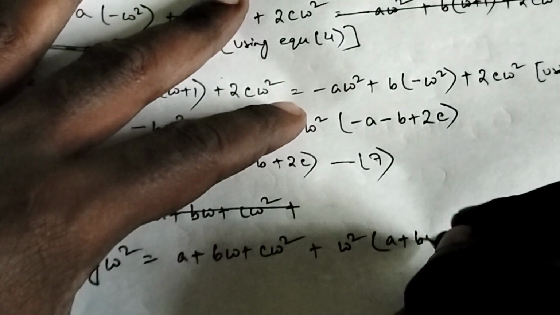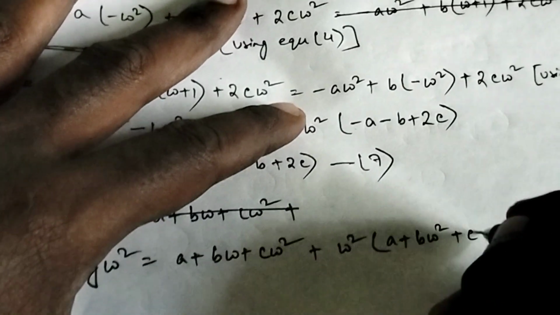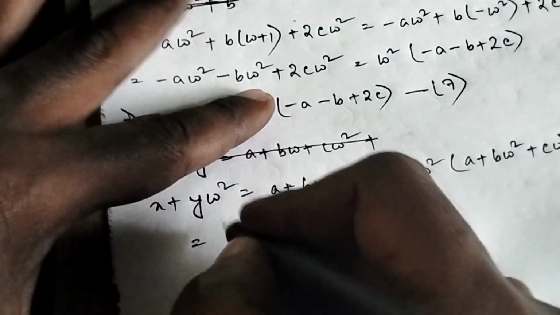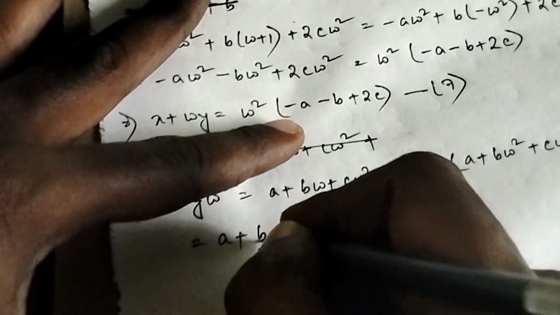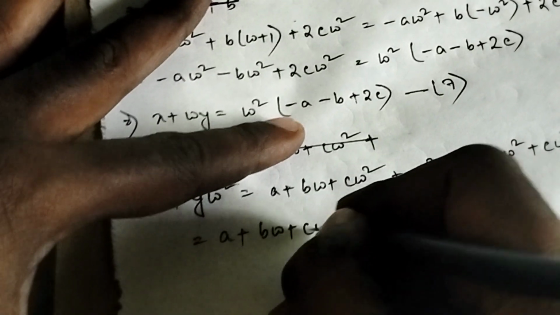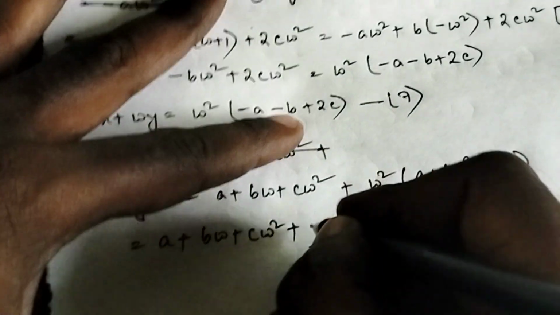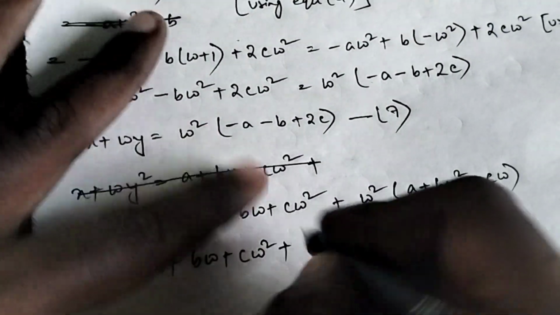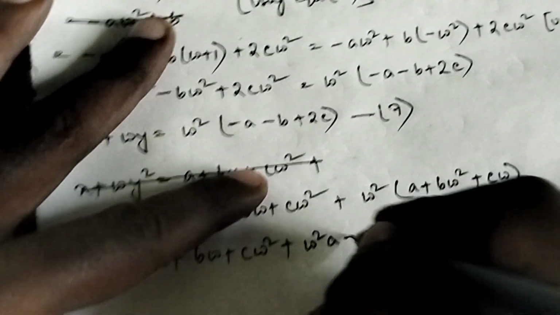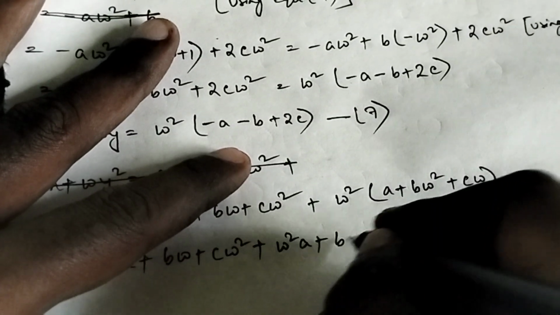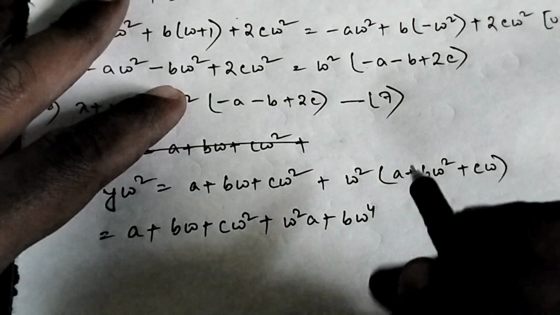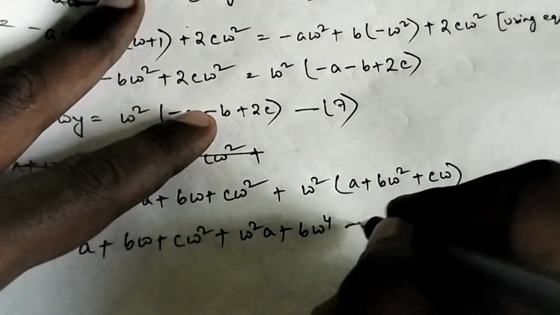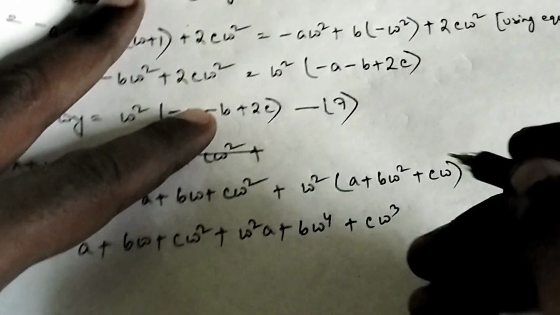So this will be a plus b omega plus c omega square plus omega square into a plus b omega to the power 4 plus c omega cube.